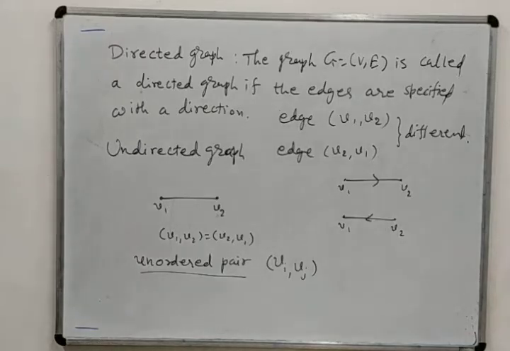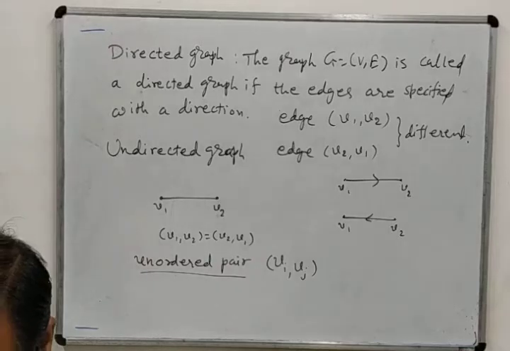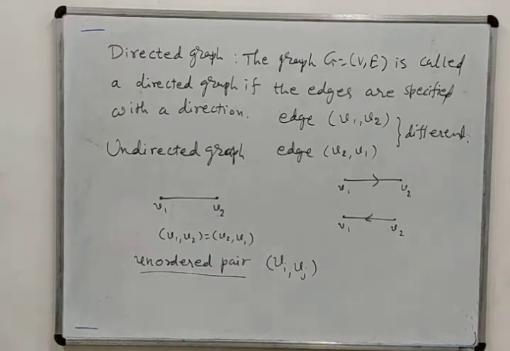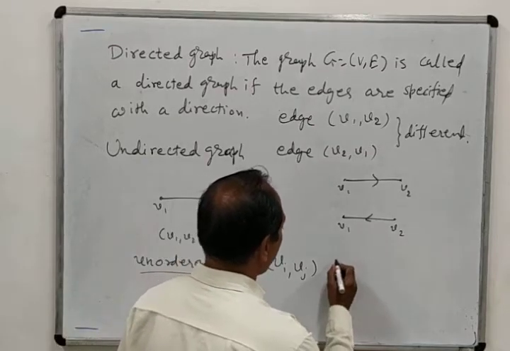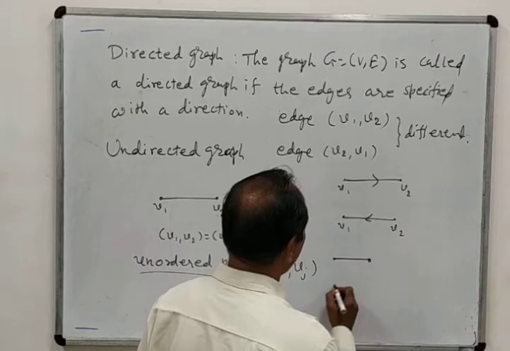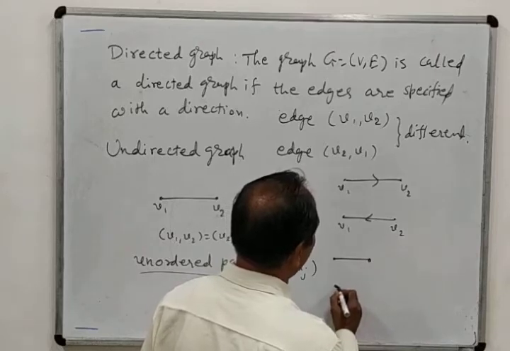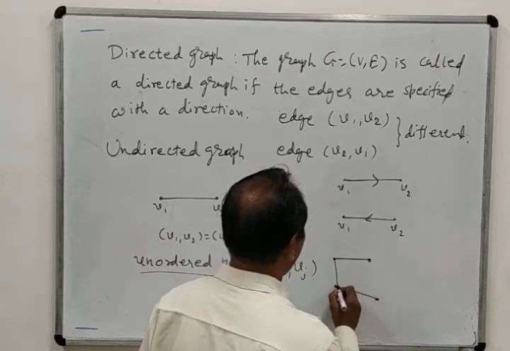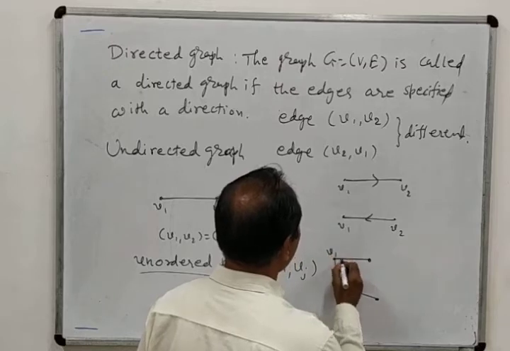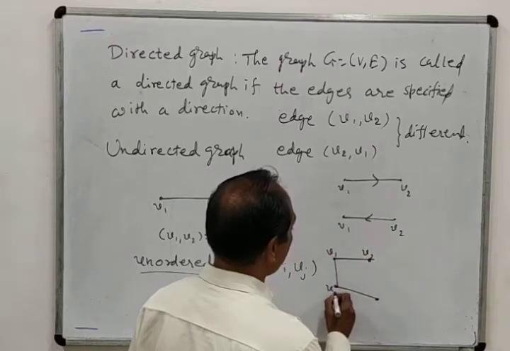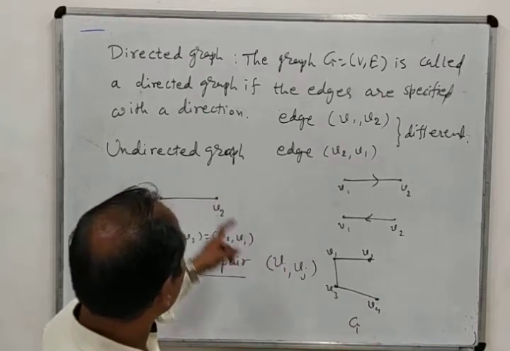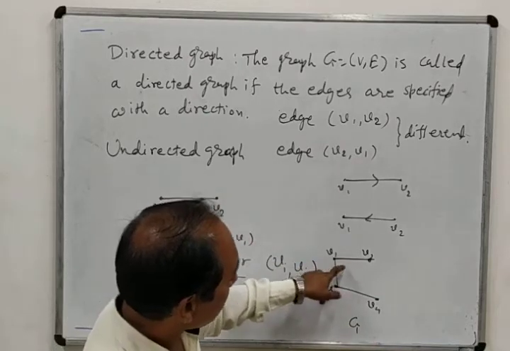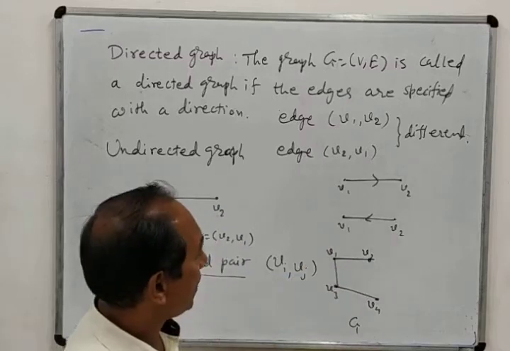After these definitions, I will just draw a graph. Suppose I draw a graph here with vertices V1, V2, V3, V4. This graph G is known as an undirected graph because directions are not specified for the edges.